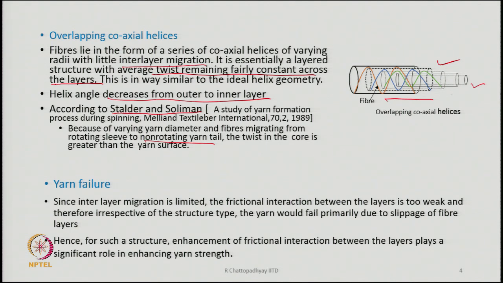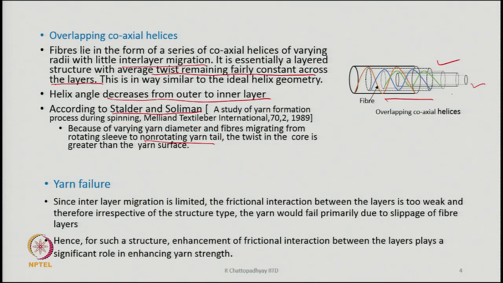So, in this case, the tail of the yarn which is existing within the sleeve is non-rotating. It has only a translational motion, that is, it can only move in the forward direction, because we pull the yarn out, but the tail is not rotating. It is the sleeve that exists between the drums, which is larger in diameter and rotates at a speed depending upon its diameter, the frictional contact it has with the drums, and the drum speed.